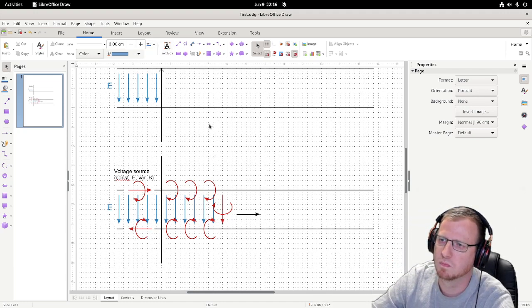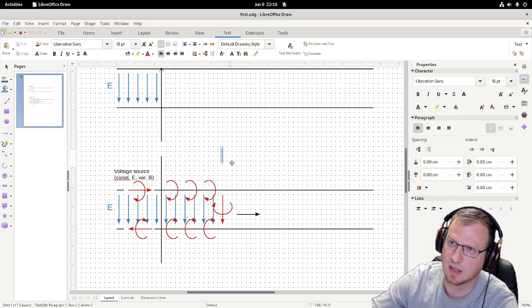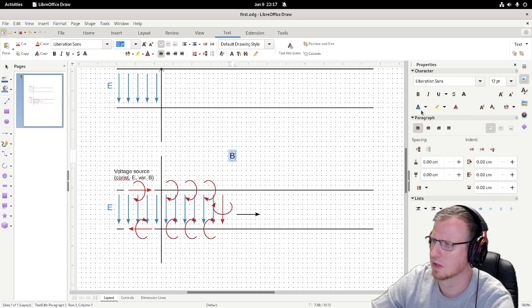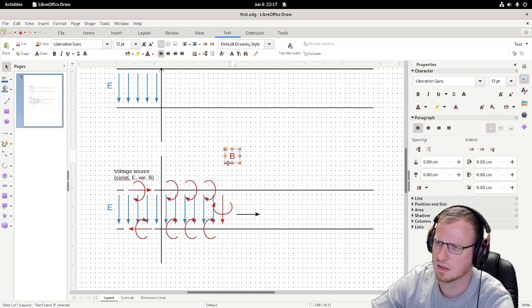So this is E. Then we have B. What size did we have here? 12, and this is color red. This is B. I think B and not H, hopefully.